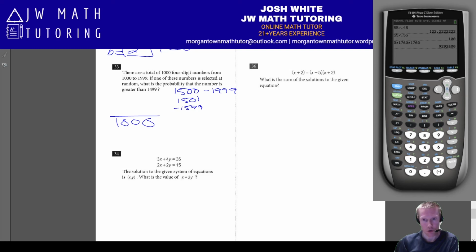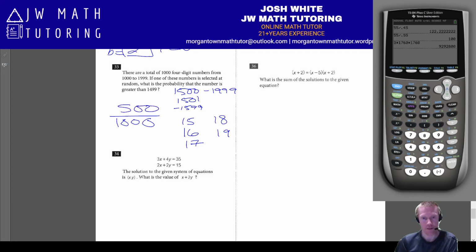Those in total represent 100 values. You've got 1 to 99, and then you've got the double zero, or the 0 as well. So there's 100 values in the 1500s, in the 1600s, in the 1700s, in the 1800s, and in the 1900s. Therefore, there are 500 possible numbers you could pick, which would have a value greater than 1499.